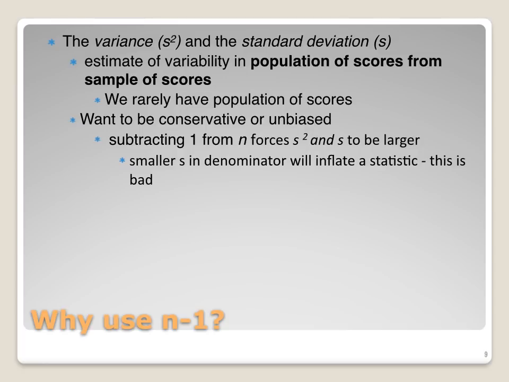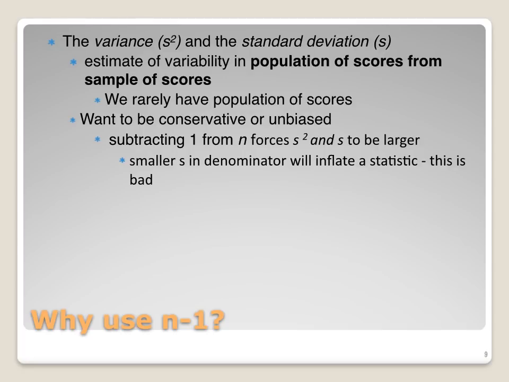So again, remember, being conservative means that we would rather overestimate than underestimate the standard deviation of the population. And if you think about this in words, we are basically saying that there's larger variability around the mean than if we underestimate, which means that those scores are more like the mean when in fact they may not be.